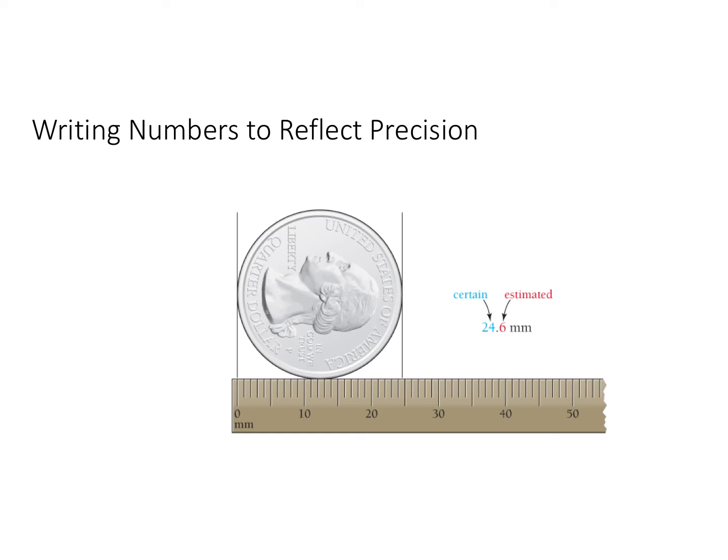If I ask you the length of this coin, and you read the number here, between 20 and 30, say 24, and you tell me the number is 24 point 4, 5, 6, I will ask you, how did you get that from this ruler, right?